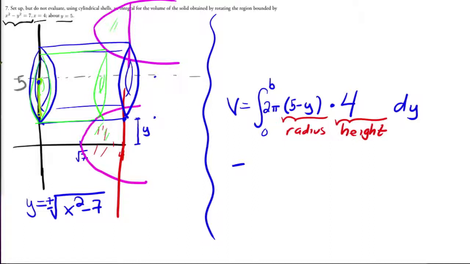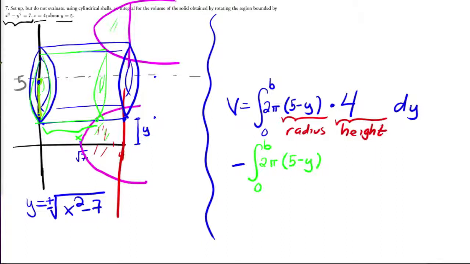Now we're going to subtract this green shell. So I'm going to do the integral again from 0 to b. We'll talk about what b is in a minute. Of 2 pi times the radius, which is exactly the same, 5 minus y. But now the height of this guy is this purple line, which is going to be the x value, because the distance from here to here is x.